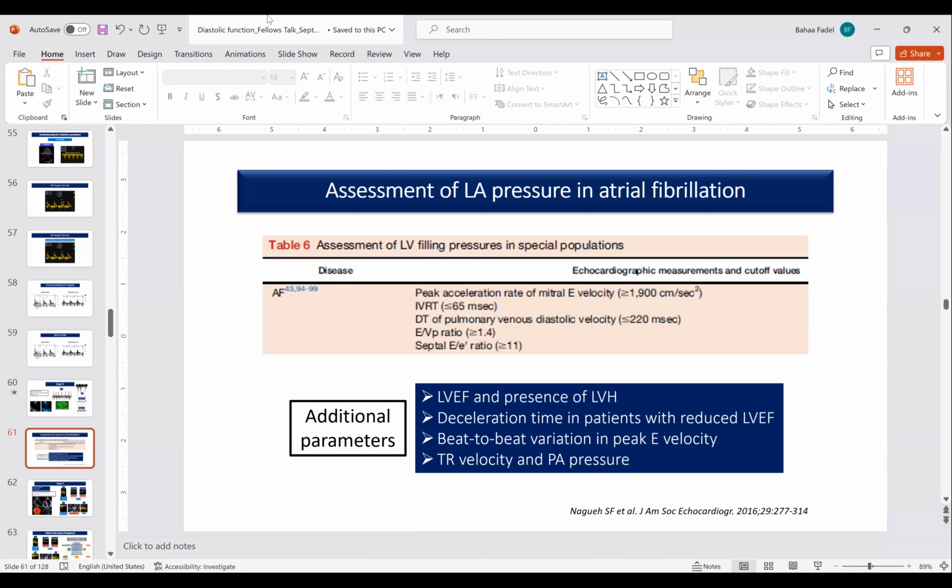If your PR velocity is high, let's say 1.5 or 2 meters per second, particularly if your RA pressure is high, almost certainly your left atrial pressure is going to be high. So there are many things to look at, but still, if you're still not sure after all this, then you're going to have to take the patient to the cath lab and do proper intracardiac pressure recording.